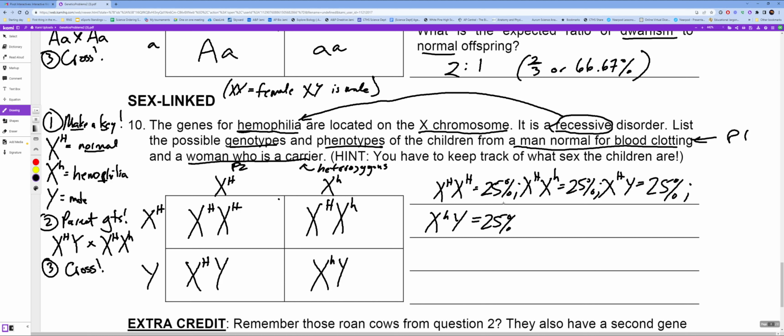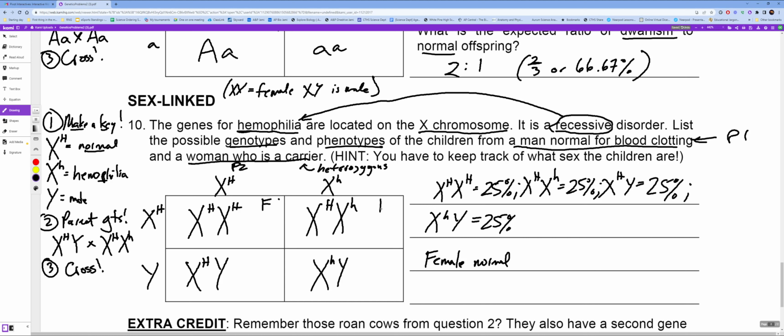Let's see. List possible genotypes and phenotypes. Okay. So these are the possible genotypes. Now phenotypes. Well, we have female normal, right? We have one. I'm going to put F for female and N for normal.